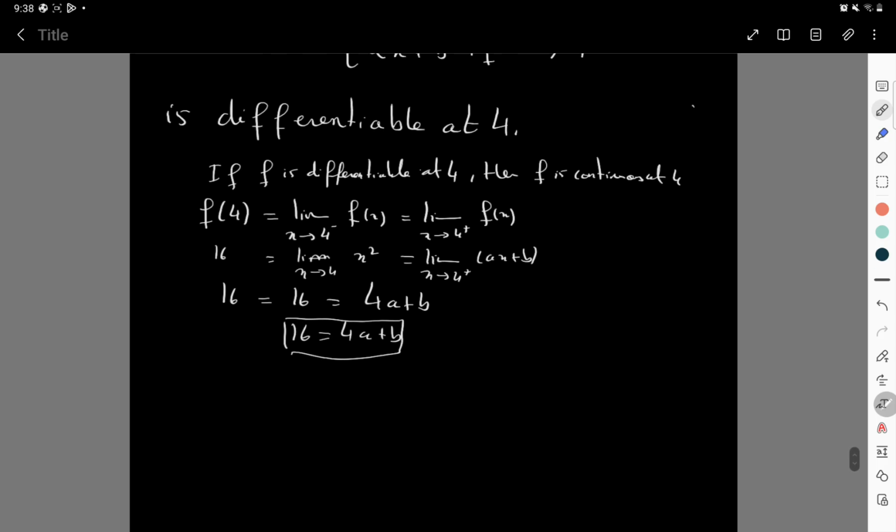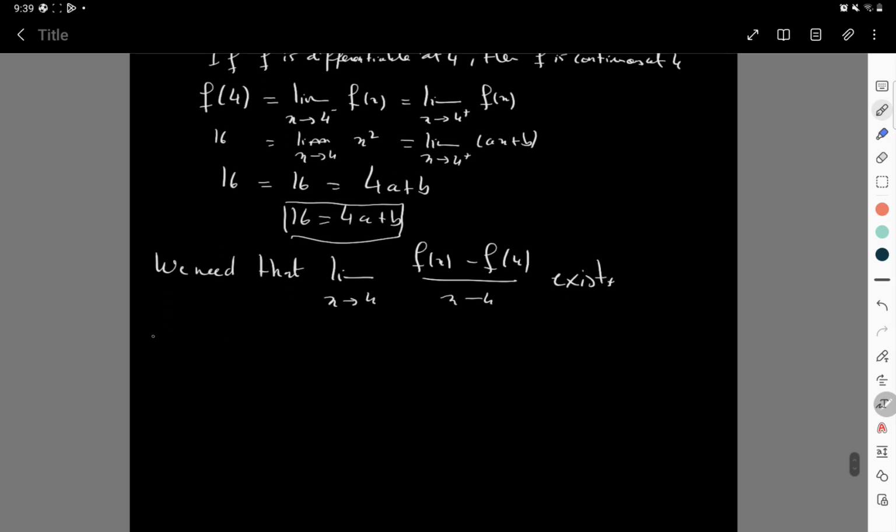Great. Now we need that the limit as x goes to 4 of f of x minus f of 4 over x minus 4 exists.